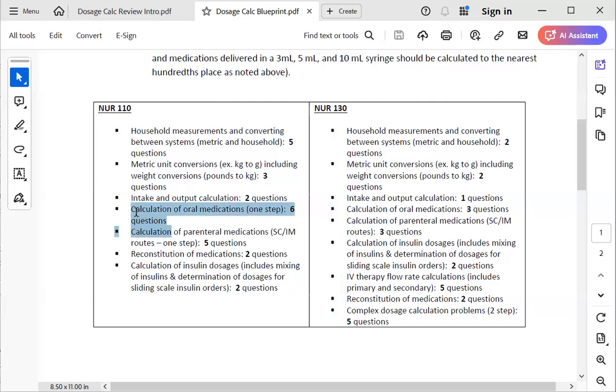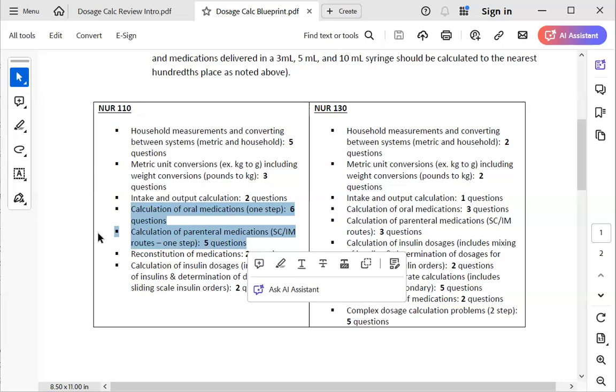Then what I think most students usually do really well with are the oral and the parenteral medications. So 11 of these questions you're probably already somewhat familiar with. This is where you see a question that says, the doctor ordered the patient 500 milligrams of cephalexin, BID, PO, and then it'll tell you an available, or show you a label, and the label will say 250 milligram capsules.